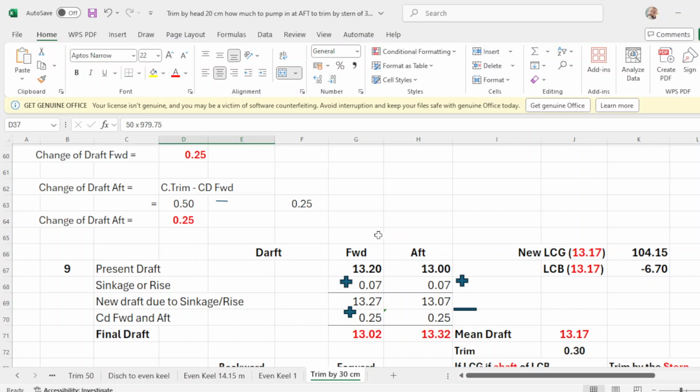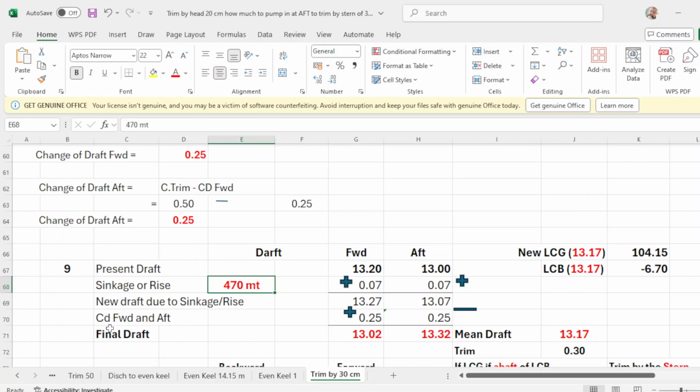You add this one because if you add weight of 470 metric tons in the after peak, that will be sinkage. So you add this one forward and aft. So that will be 13.27 and 13.07. You are still trimmed by the head here.